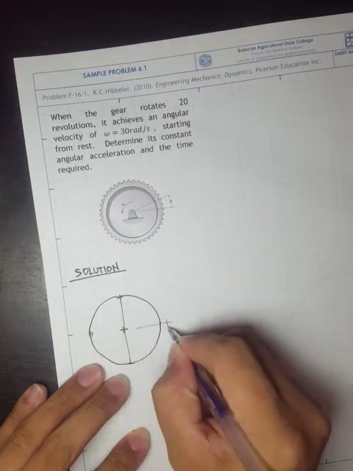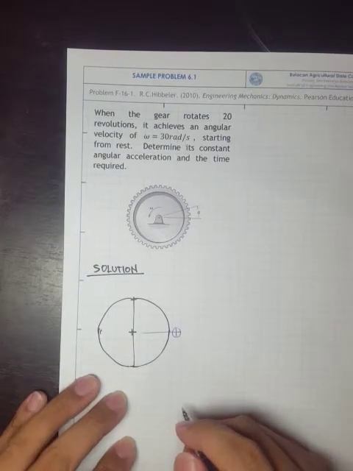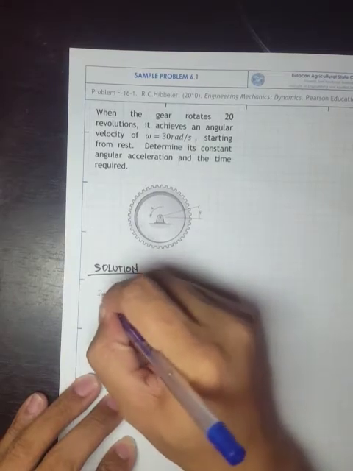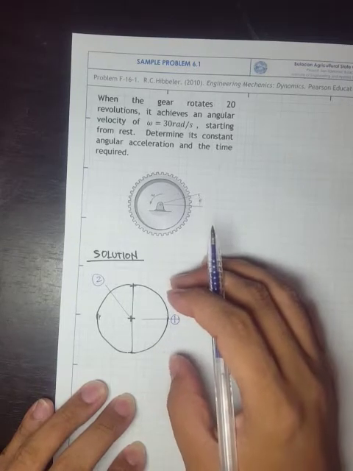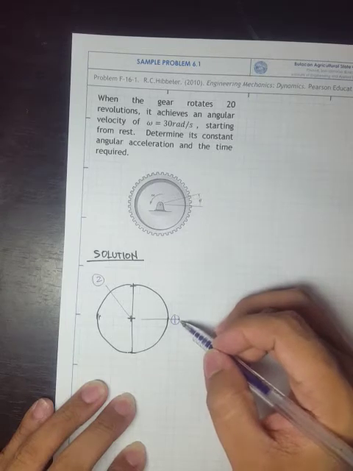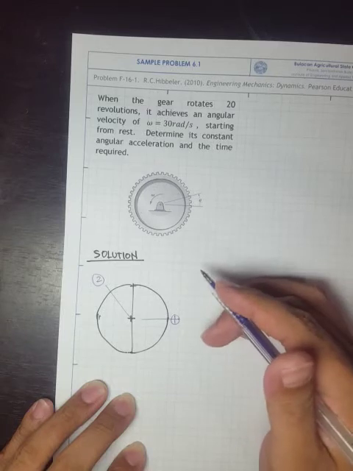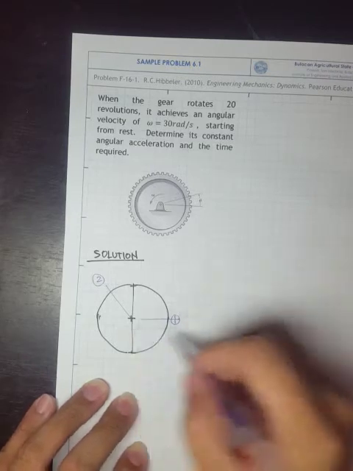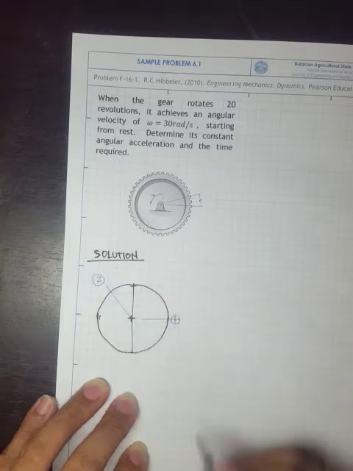So let's say this is point one, and then after 20 revolutions, let's put it here. This is point two. Take note, this is not really an exact or accurate representation, but at least we'll be able to follow what's required or what's missing if we draw it this way. So we have point one here, and after 20 revolutions, this is point two.